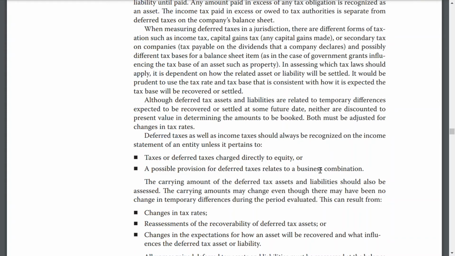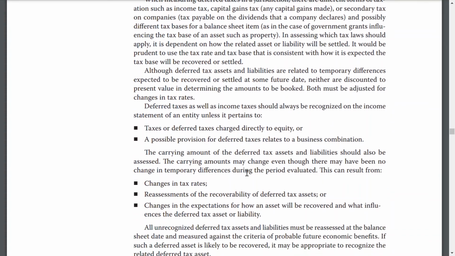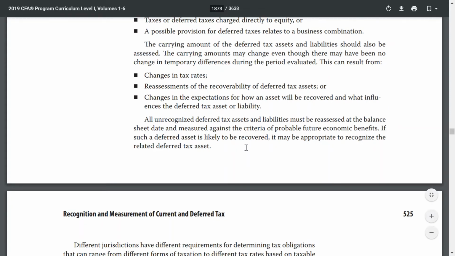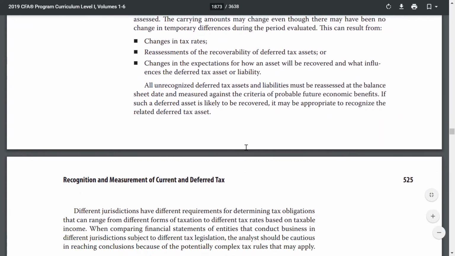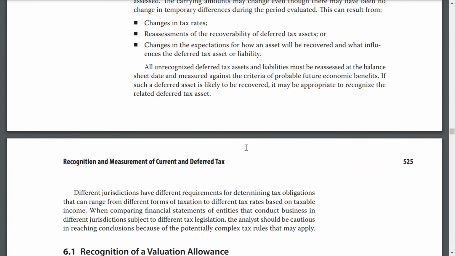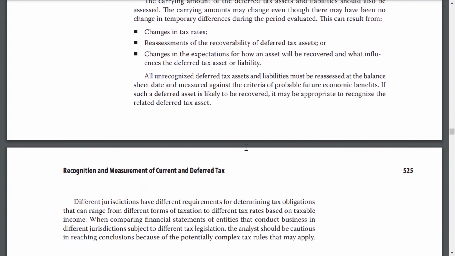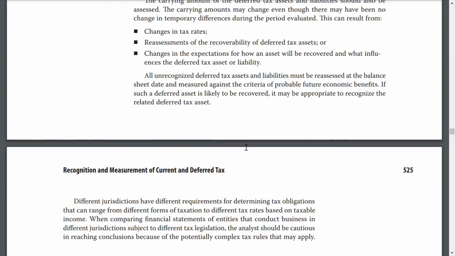The carrying amount may change even though there may have been no changes in temporary differences during the periods evaluated. This can result from changes in tax rates, reassessments of the recoverability of deferred tax assets, or changes in the expectation of how an asset will be recovered, and what influences deferred tax assets or liabilities.